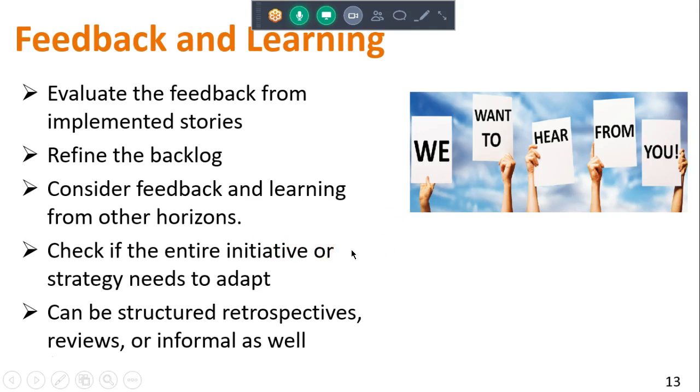Things can be formal or informal. You want to be sure that you're accomplishing the task of doing retrospectives, doing reviews, but it doesn't have to be a formal process. They can be more informal, depending on what really has been done and what really needs to be discussed.